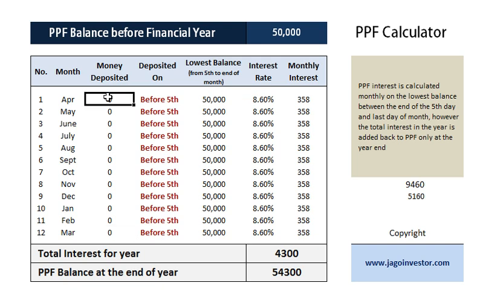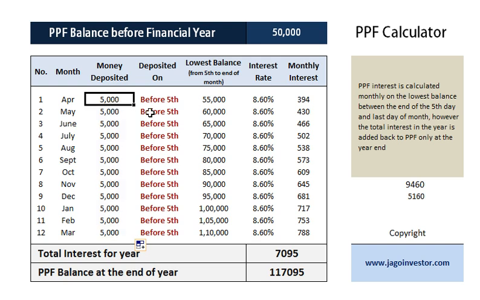Suppose you invest your money on a monthly basis. Say for example, someone says that I will invest 5,000 rupees per month for all the 12 months. In this case, you can see that the scenario will be very different, because each month your lowest balance is increasing by 5,000 rupees, and your monthly interest will also increase for each subsequent month. In this case, your total interest for the year would be 7,095 rupees.